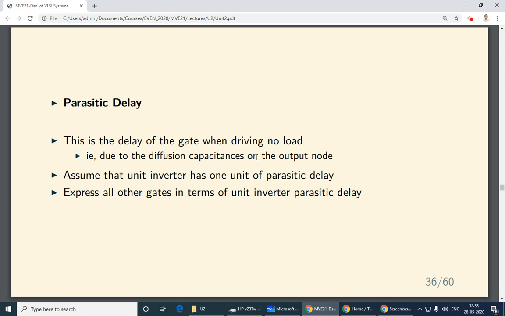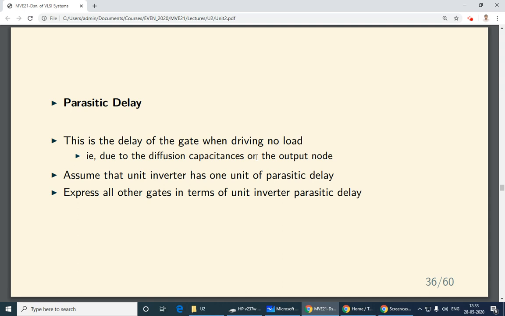If you notice by now, the logical effort part is in some ways related to the gate capacitance. So how do we account for the diffusion capacitance of the driver? We have another term in the linear delay model which is called the parasitic delay. And again, this is also a ratio, very similar to the previous case.